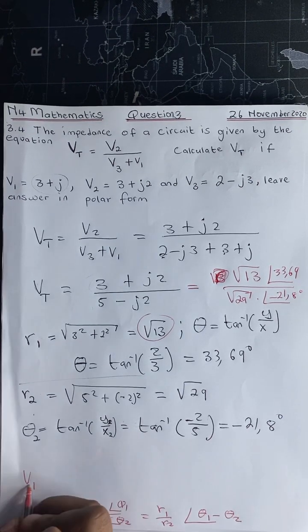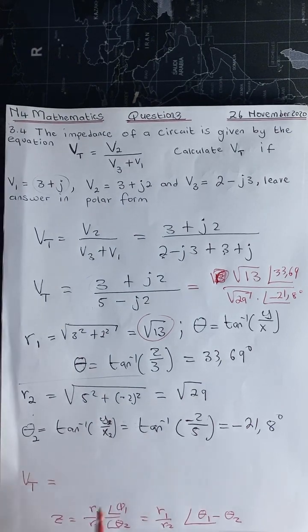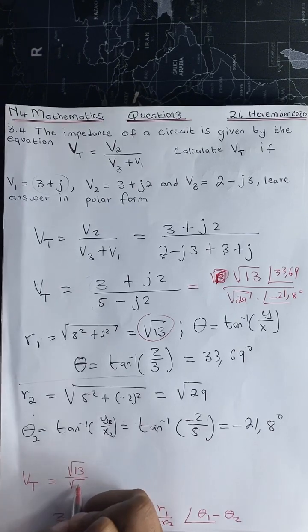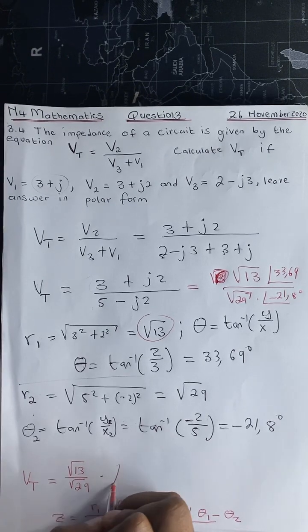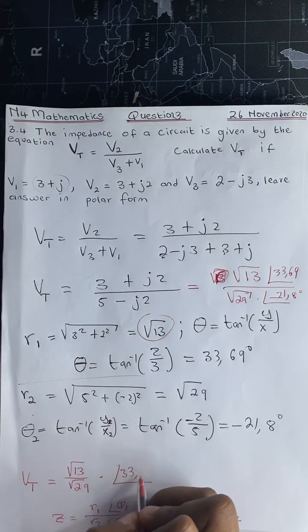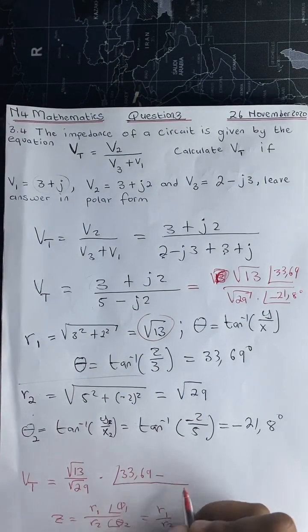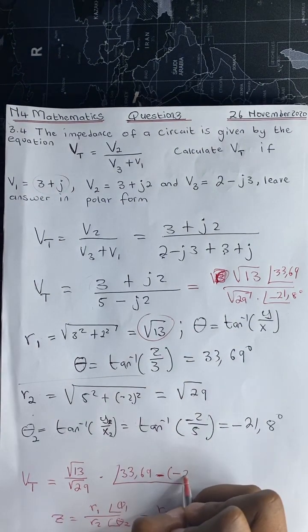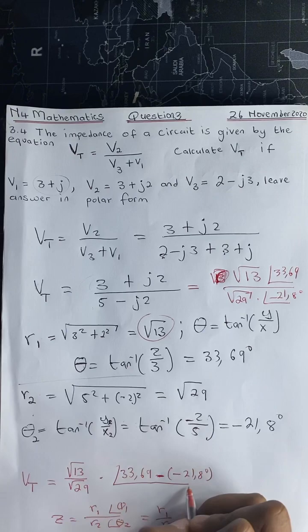So now we divide the radii, but for the angles, the one on top, the 33.69, will minus 21.8 degrees.